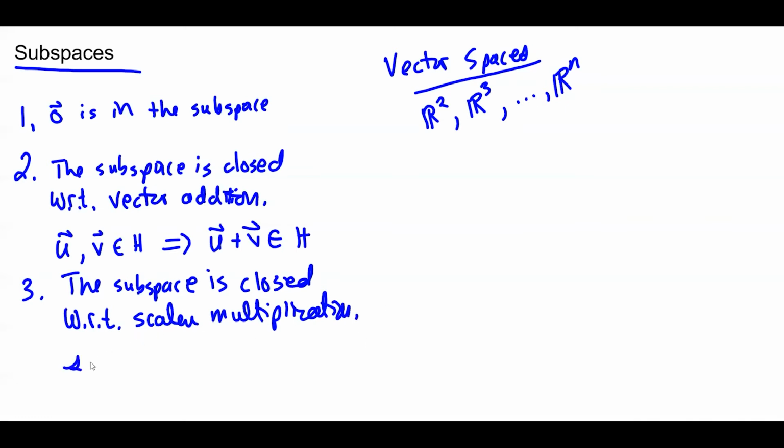If we pick a scalar, say s, and we pick a u that's inside the subspace, then if we multiply that scalar times u, that new vector will still be in the subspace. So again, you can't multiply a vector in the subspace by a scalar and get a vector that's outside of the subspace.